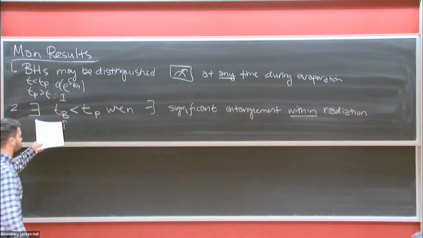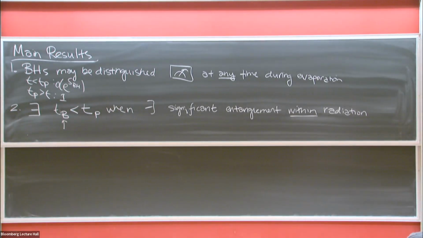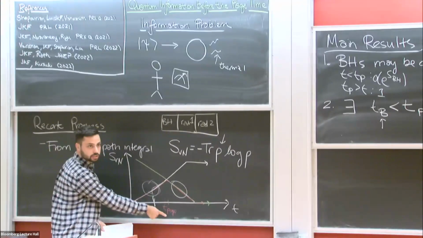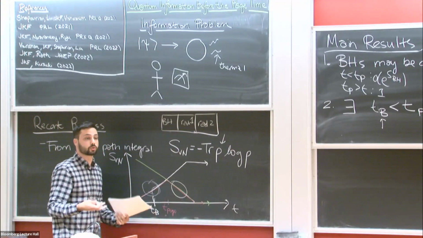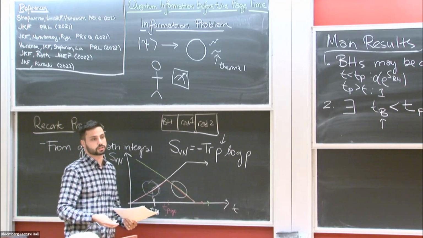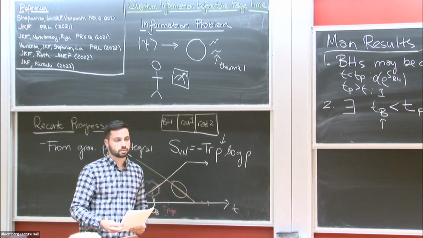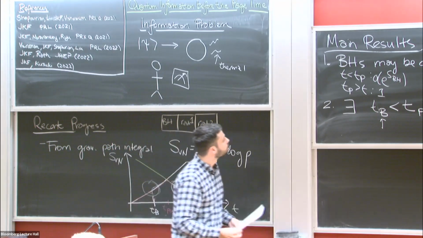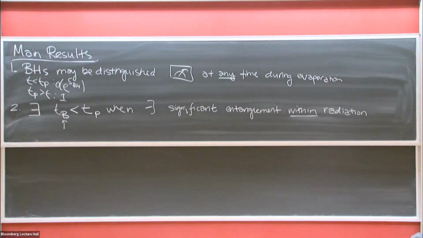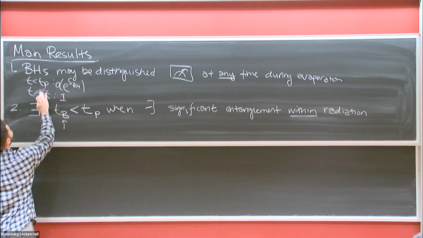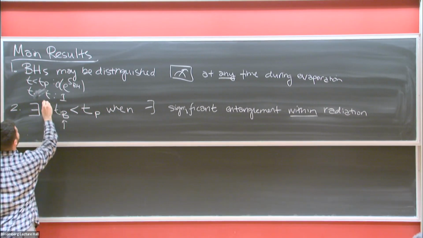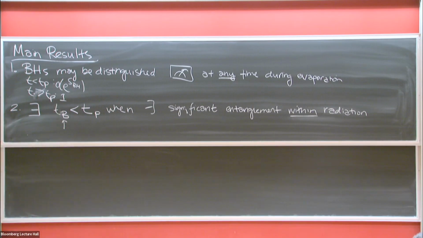Yeah, I think this is the surprising thing, that even though it looks like it's perfectly thermal over here, because this is less than T Page, you're getting quantum correlations in the radiation earlier than you would have expected from computations of just the von Neumann entropy. Because there is T less than T Page on both of them. Oh, did I do something? Oh, yeah, sorry, T greater than T Page. Yes, thank you.